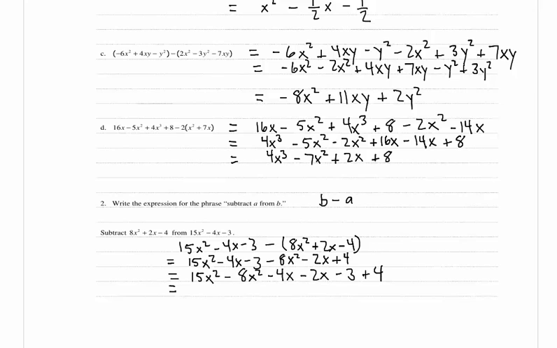So we have 15x squared minus 8x squared is 7x squared. Negative 4x minus 2x is negative 6x. And negative 3 plus 4 gives us plus 1. And that's our video on addition and subtraction of polynomials.